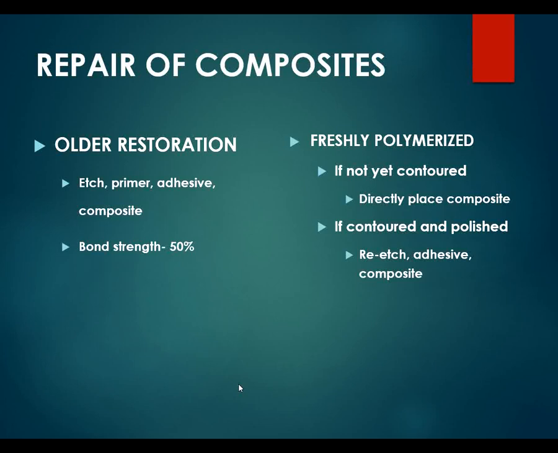Just directly place composite over it and cure it by light cure. If contouring and polishing has been done, then we have to re-etch the surface, apply the adhesive and apply the composite over the surface.